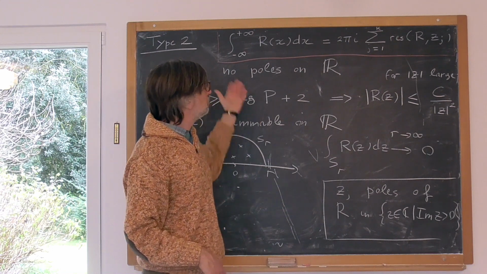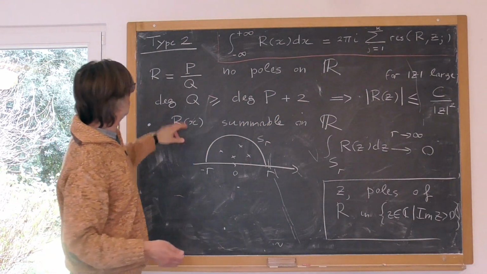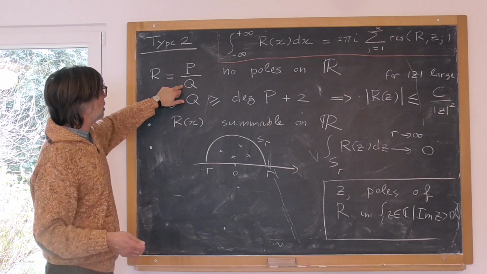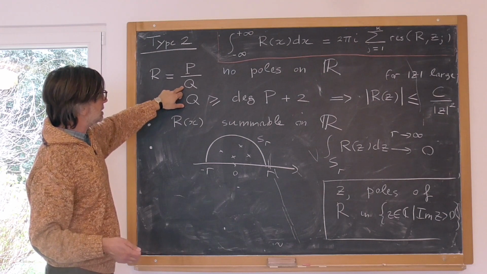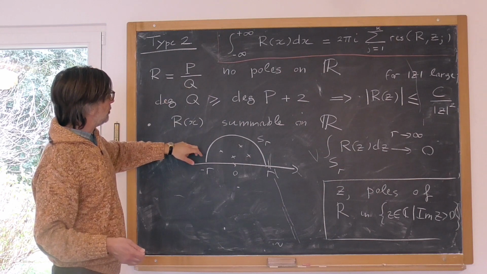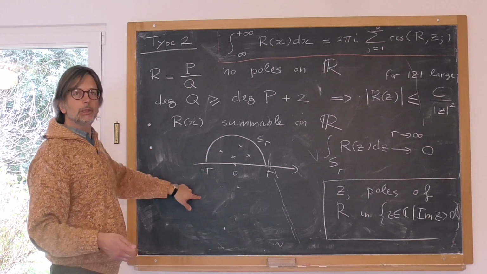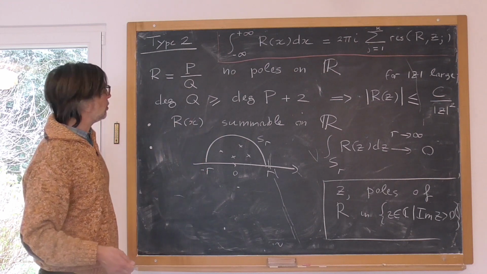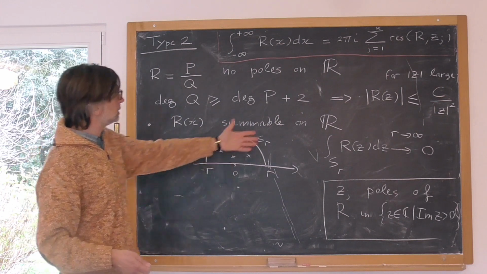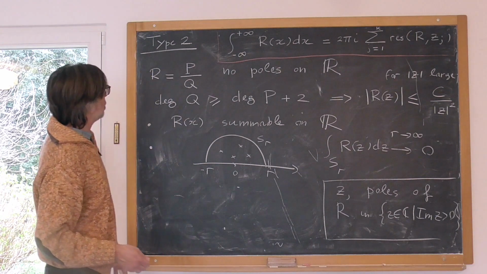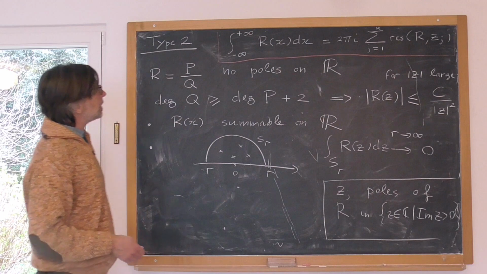So if r is a real rational function, there is no difference in these two ways of computing, because q will be a real polynomial, and hence if q has a 0 at z, it will also have a 0 at z bar. So the poles of a real rational function are symmetric with respect to the real axis.